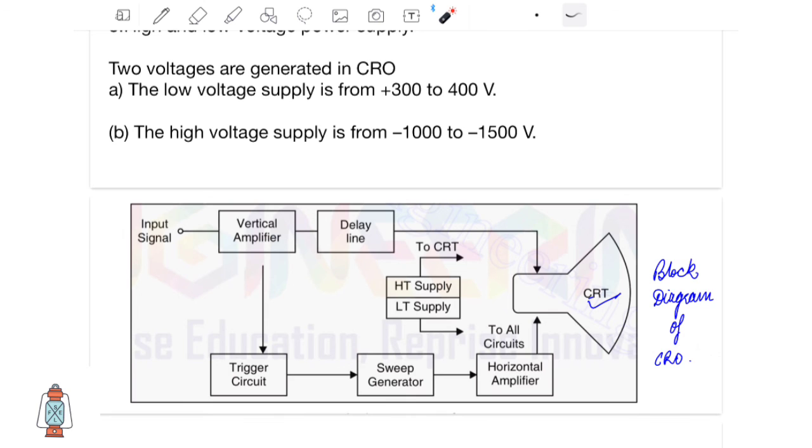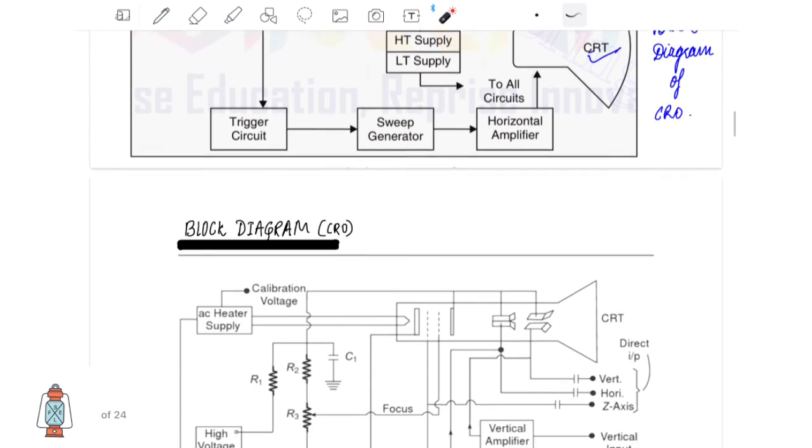So for CRT you need high tension supply to knock out the electrons, and for the rest of the circuit low tension supply is sufficient. Otherwise these blocks will get damaged if you supply high voltage. And the range is also given, plus 300 to 400 voltage, and this 1000 to 1500, because ज़्यादा रेंज डिफरेंस है ना दोनों के बीच में, तो एक सप्लाई से काम नहीं चलेगा.